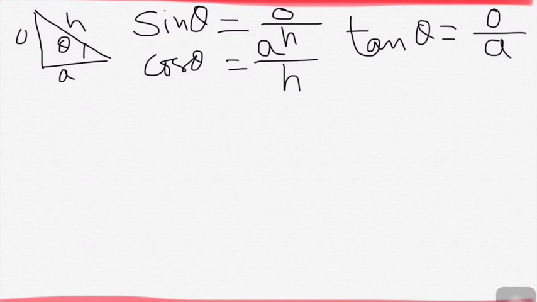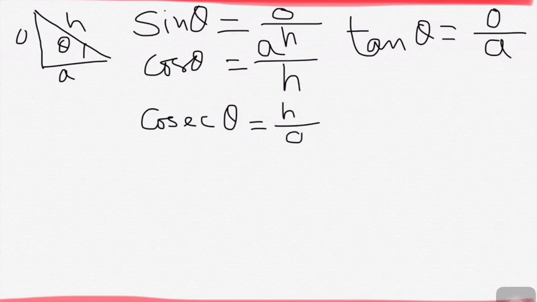And we have learnt about the SOHCAHTOA formula. Now there are three more ratios. One is cosec theta, which is hypotenuse by opposite.